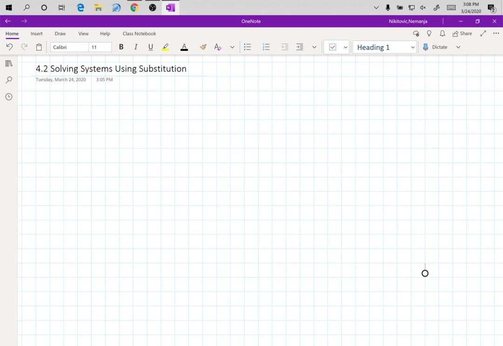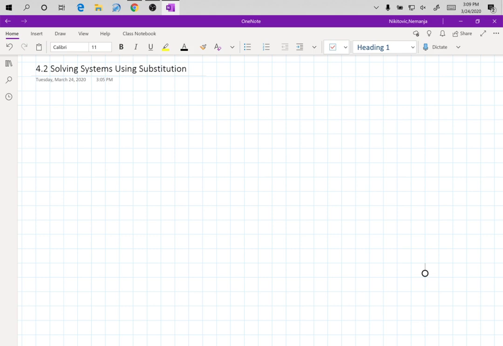Now we are going to solve systems of equations by the substitution method, which is algebraic, where you get to calculate x's and y's. Let's take a look at a couple of examples of how the method works. Then the homework will be posted, you can go and practice, and that will be it.